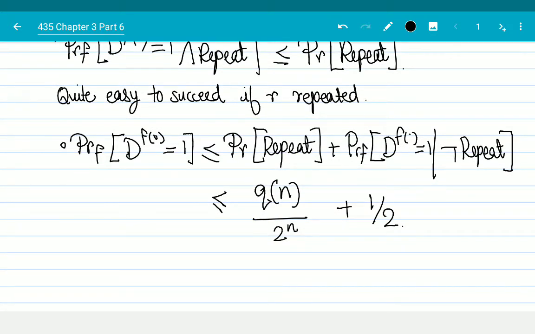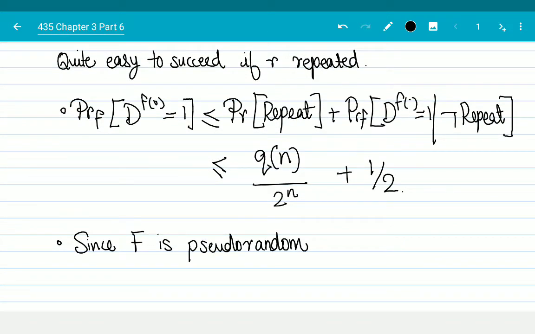Since f is pseudorandom, the first condition is that mu n should be, sorry, probability, not FR.